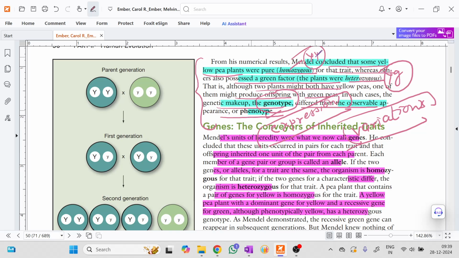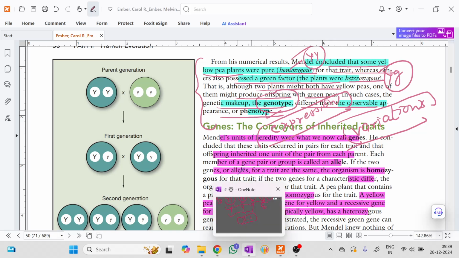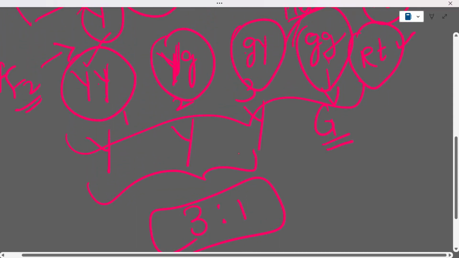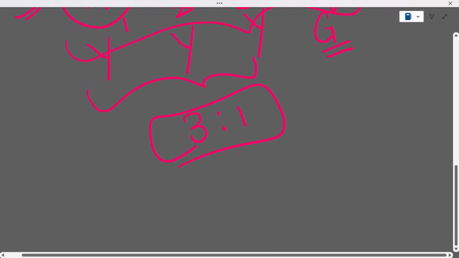So in this case as well, these three offspring, first, second, and third, all differed in their genotypes. Genotype is the genetic makeup, the genetic code of the variants or traits.